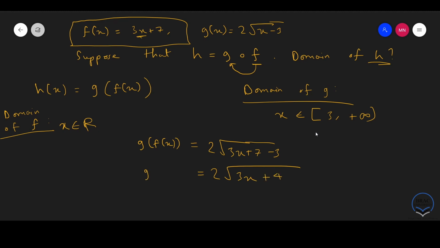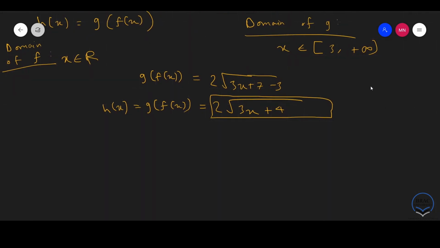So g of f of x, which is just equal to h of x, is equal to this, right? And now we can see that under the square root, our argument is 3x plus 4, and we know that 3x plus 4 has to be non-negative, right? Has to be greater than or equal to 0.